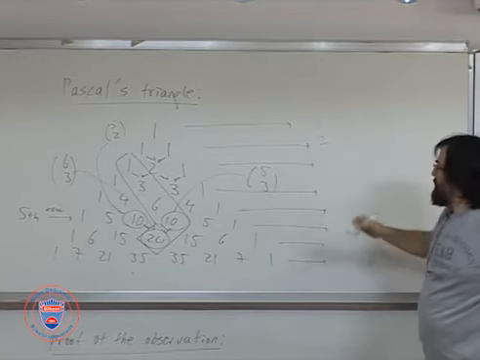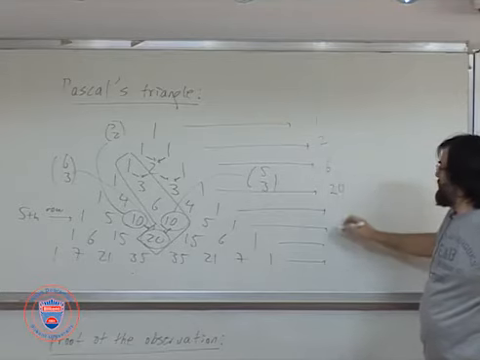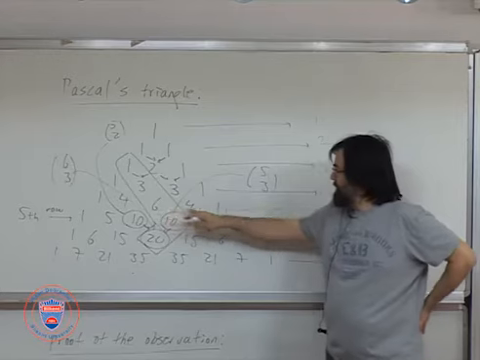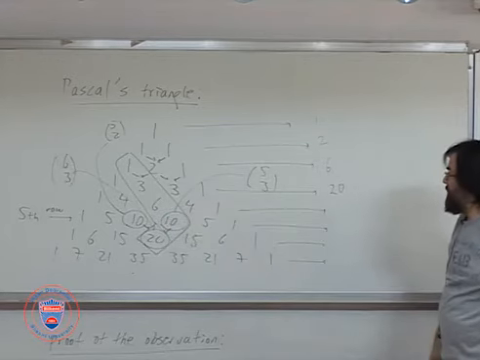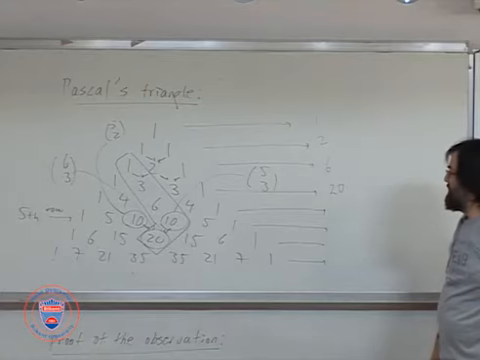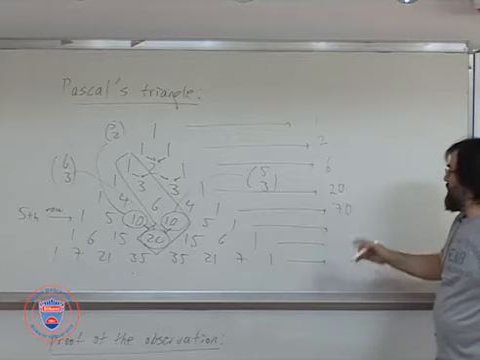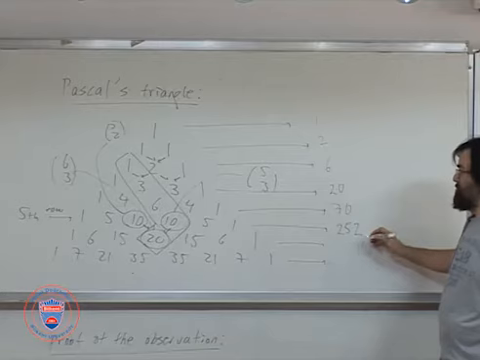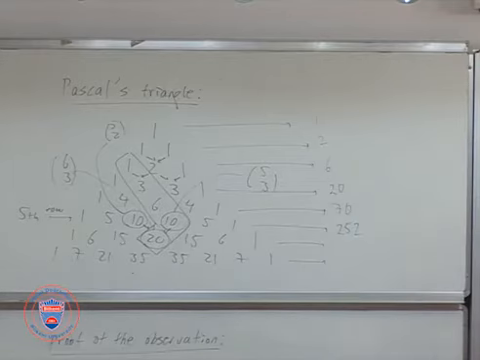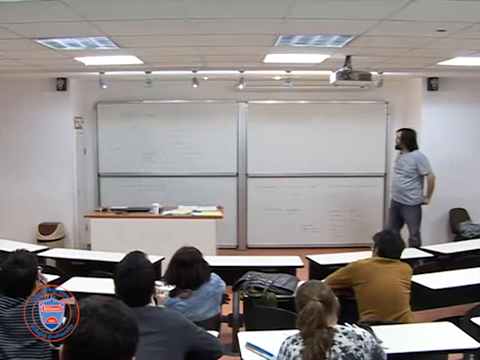So what you get is 6, 18, 20, 36, 32, 70, 100, 200, 252. So what are these numbers? Can you give me any guess what these numbers are?